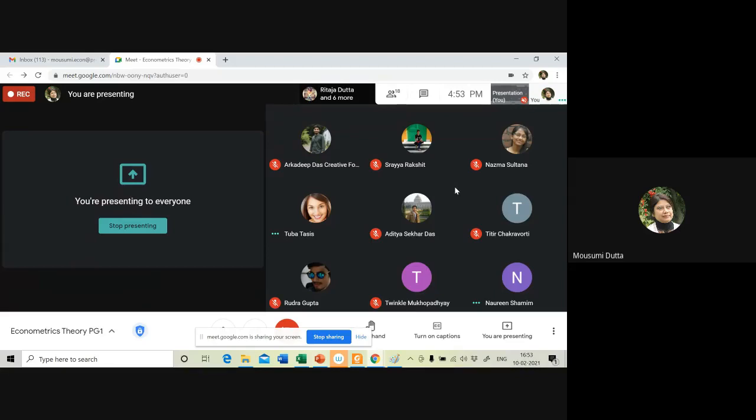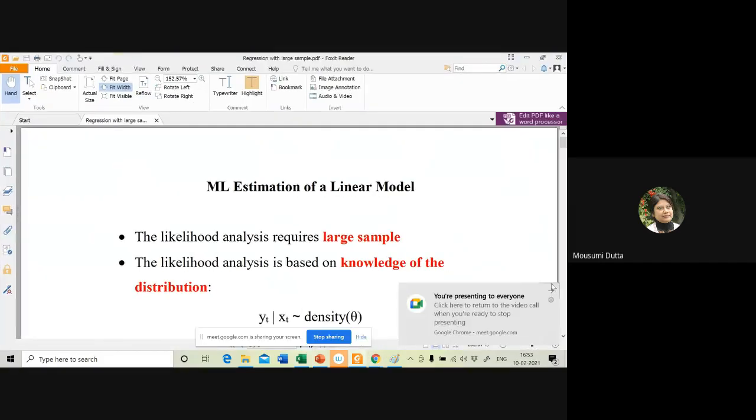Now before moving to those issues, I'd like to say something regarding the large sample. You did something related to the large sample at your undergraduate course.